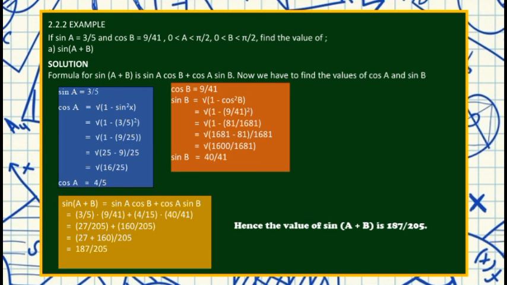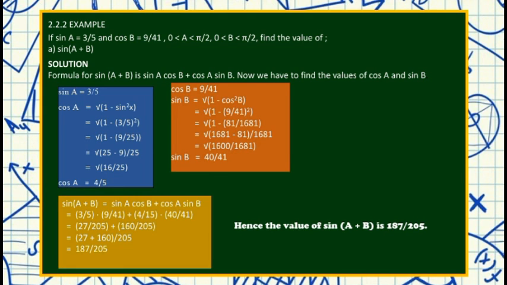So we replace the values: sin A equals 3 over 5, cos A equals 4 over 5, cos B equals 9 over 41, and sin B is 40 over 41.